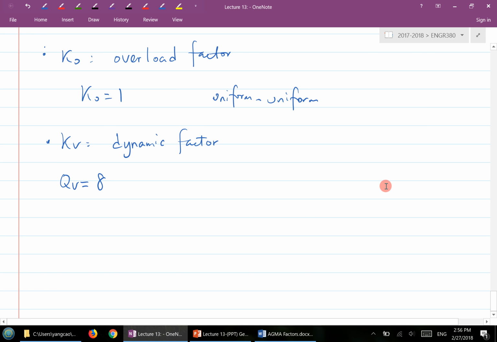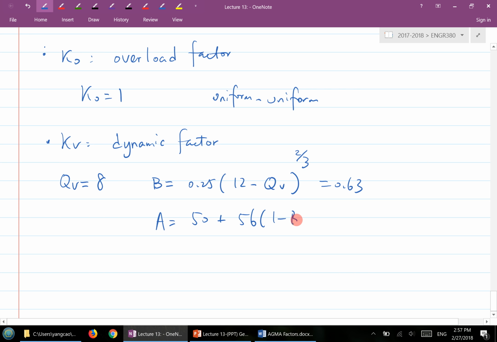Okay, so once you pick the Qv out of here, then we can calculate our B value, which is 0.25 times (12 minus Qv) to the power of 2/3, and that ends up 0.63. And the A value is 50 plus 56 times (1 minus B), which ends up 70.722. Okay.